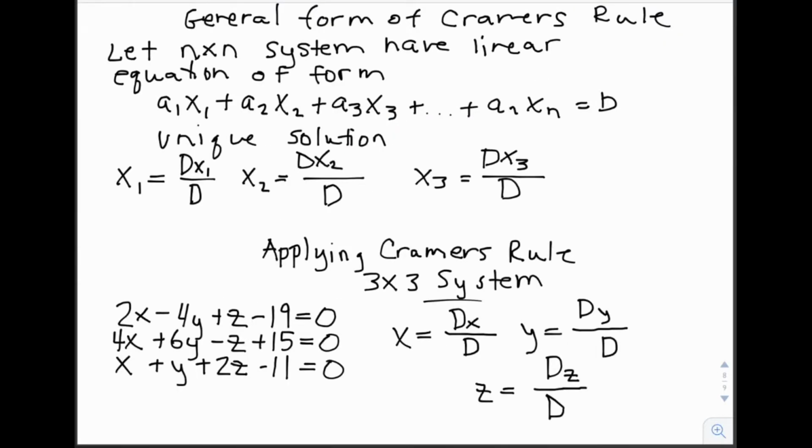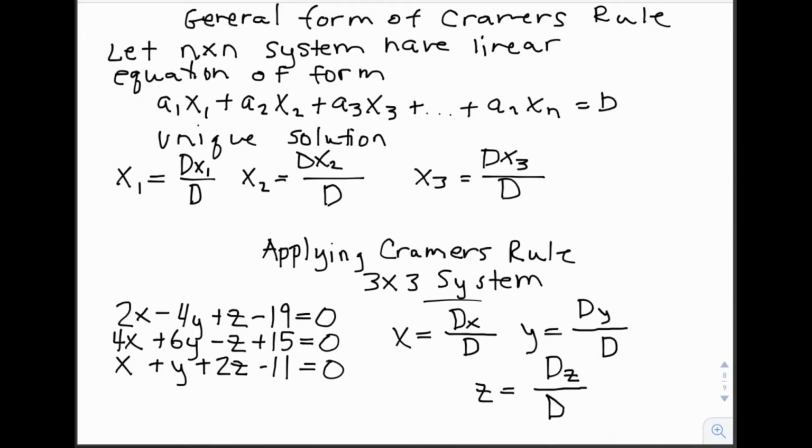Cramer's rule does not only apply to a 2x2 matrix, but it can also apply to a 3x3 matrix. So in this case, we have our general form of Cramer's rule. We have an n×n system of linear equations of the form a1 x1 plus a2 x2 plus a3 x3, and then we go on to the general form. So our unique solution, we can have x1 equal to the determinant of x1 divided by the determinant.